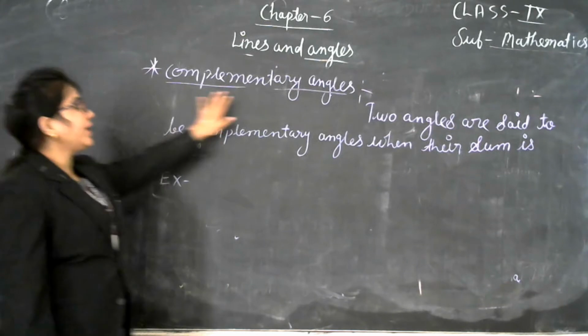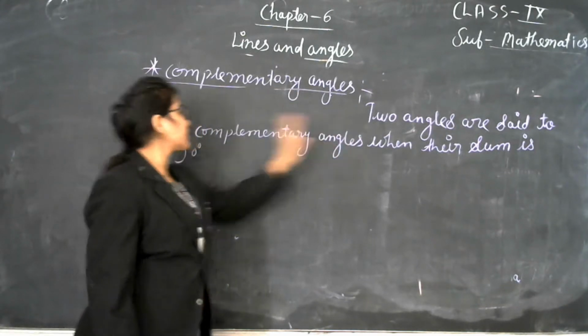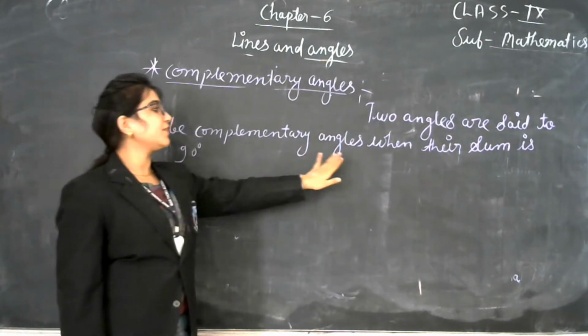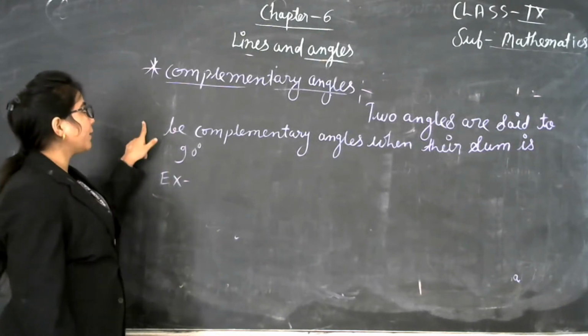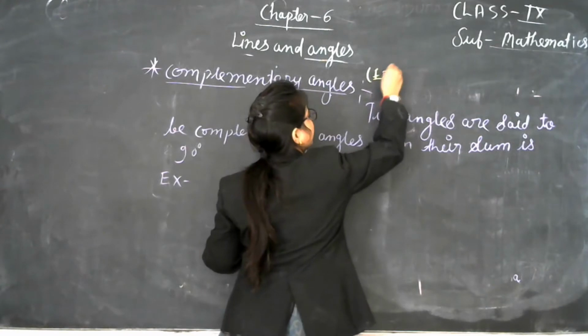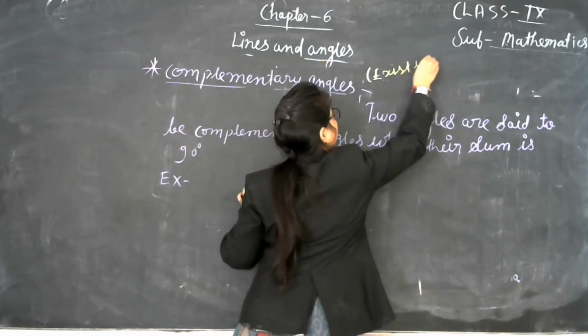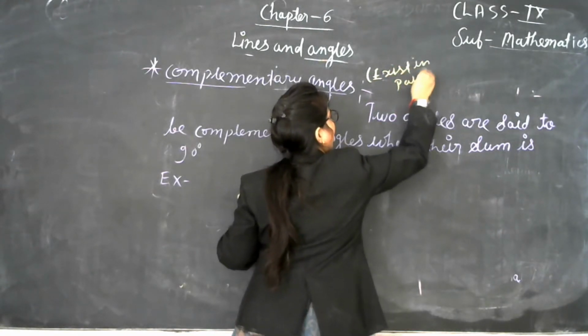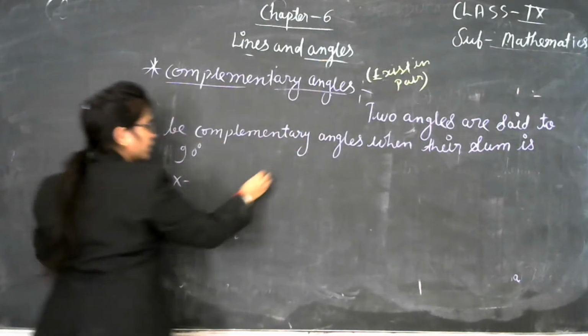The next topic is complementary angles. Two angles are said to be complementary when their sum is 90 degrees. Remember that complementary angles exist in pairs. Now the example.